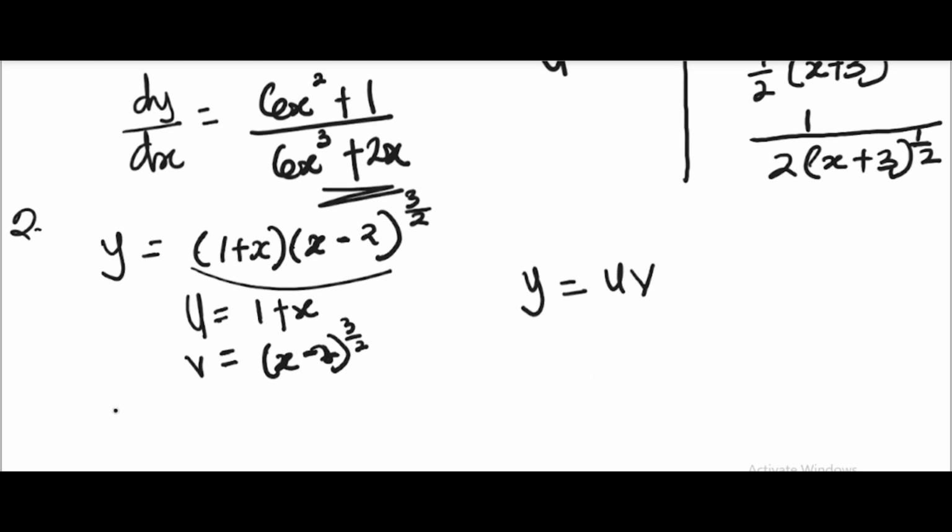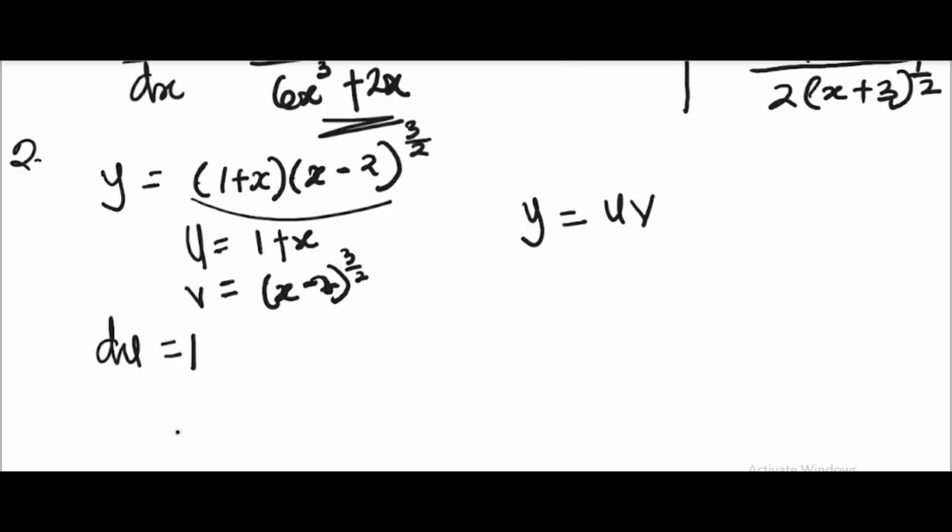So now finding our du, differentiating it with respect to x, we have 1. You see? So in this kind of linear expression in the bracket, it's very easy to apply the shortcut. So now coming to the v, this is chain rule, function of function, x minus 2 all raised to the power of 3 over 2.